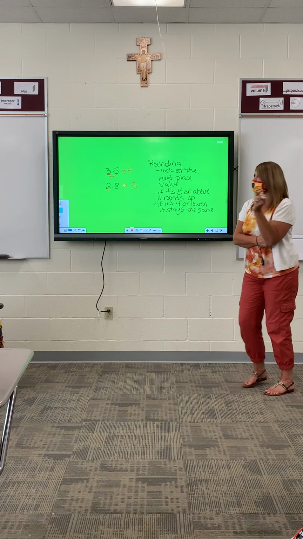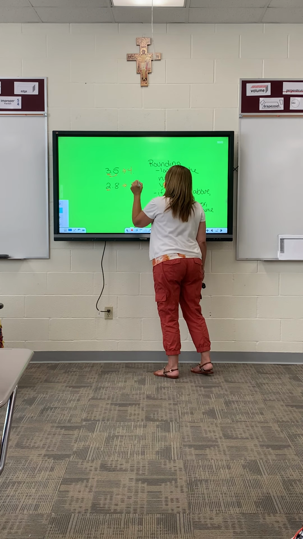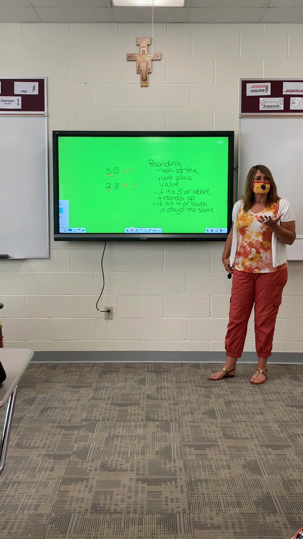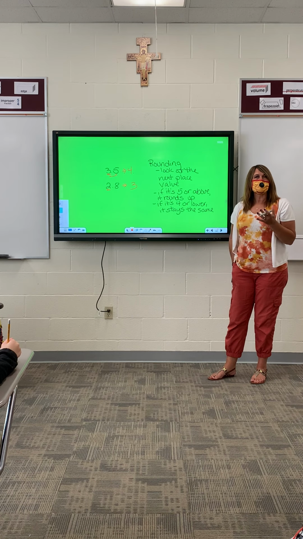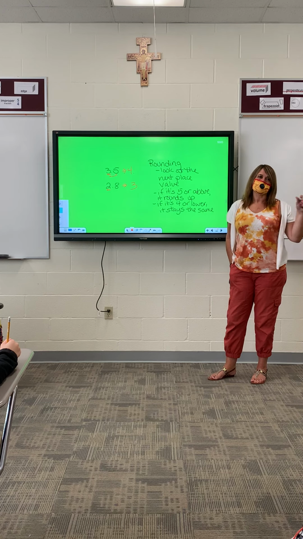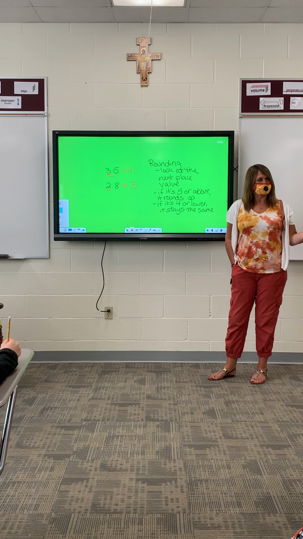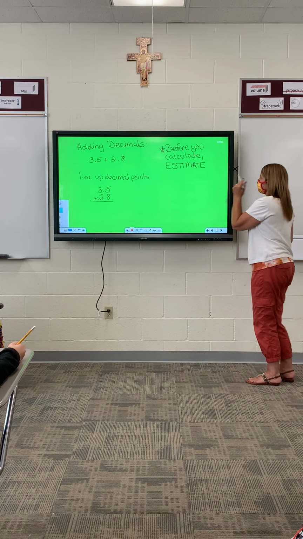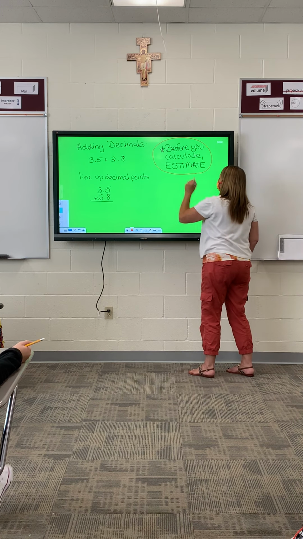I'm not quite sure I'm understanding, but there really is a decimal there, it's just not shown. You don't need to see the decimal point unless there are numbers after the whole number. Is that what you asked? Okay. All right, so now back to this one. Before you calculate, estimate it.